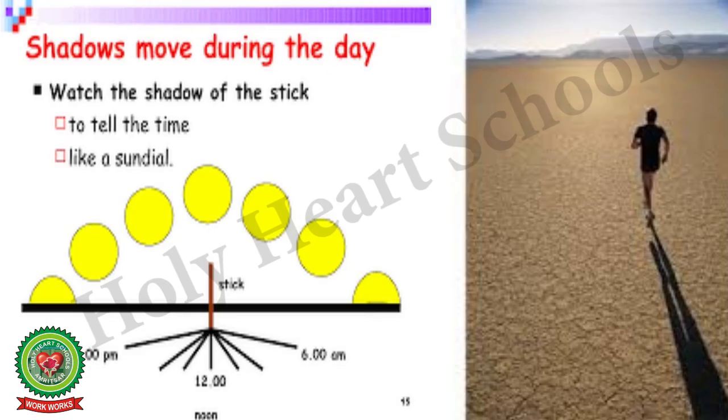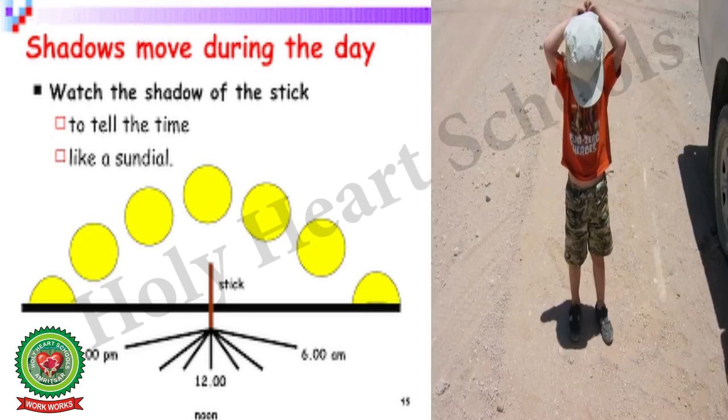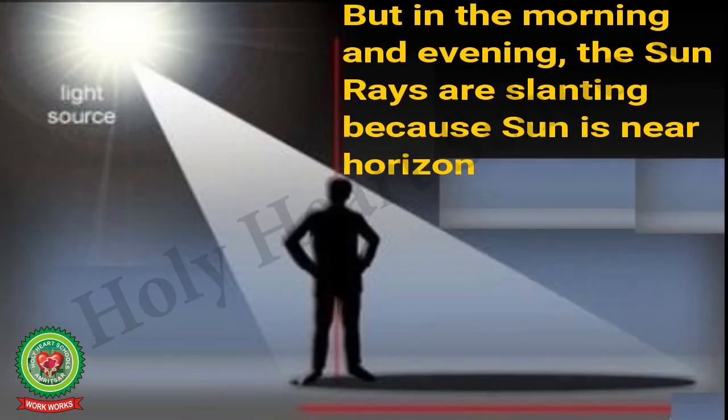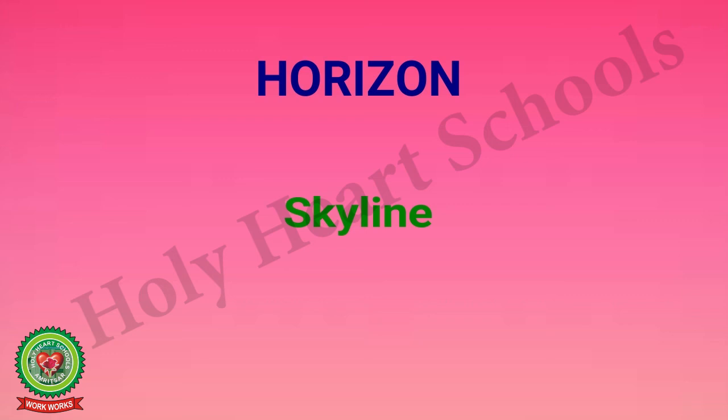We have long shadows in the morning and evening and short shadows during noontime, because at noon when the sun is overhead the shadow is the shortest, but in the morning and evening the sun rays are slanting because sun is near horizon. Meaning of the horizon is skyline.